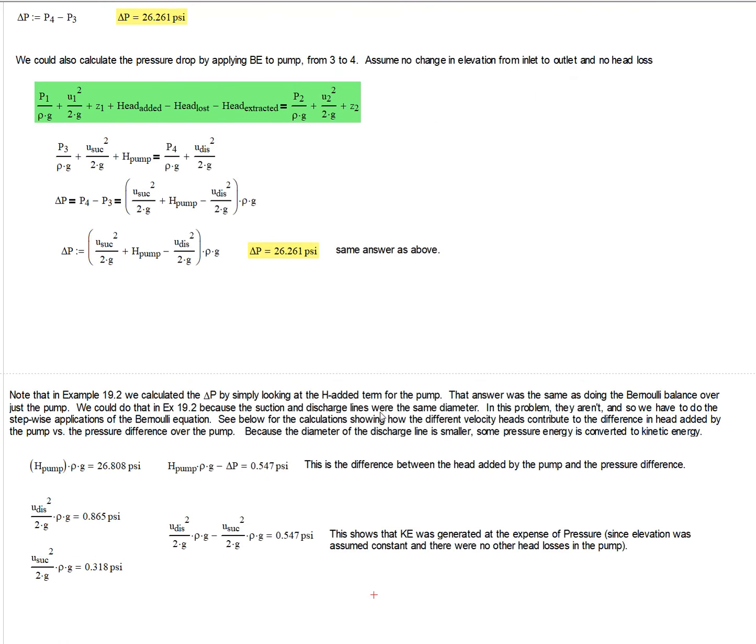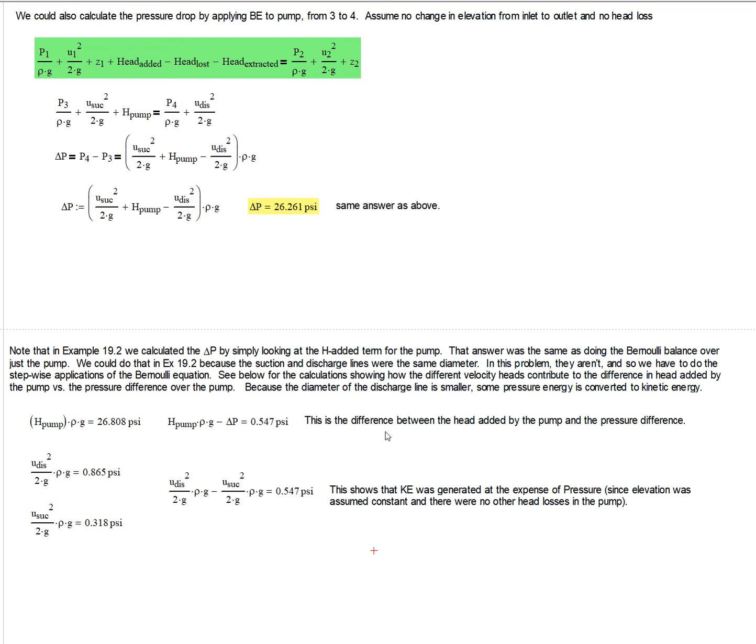The reason is because if you look at these calculations below, the different velocity heads contribute to the difference in the head added by the pump versus the pressure difference over the pump.